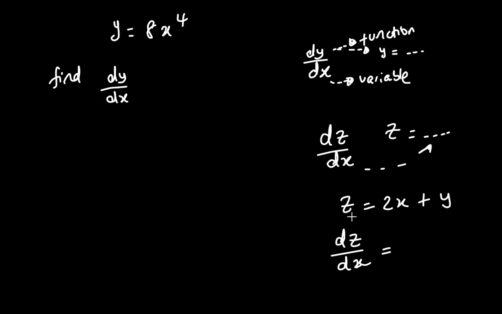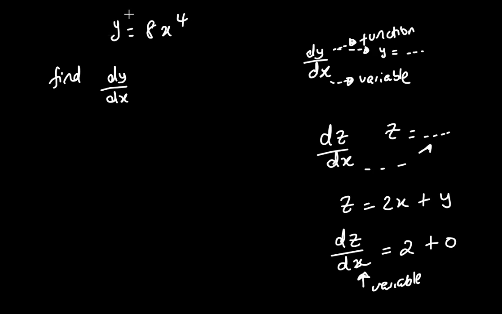So the derivative of this, the exponent is 1, so you just take the coefficient as the derivative. Then for this one, the derivative would be 0, because the variable we are respecting is x. Once we see another variable, it's taken as a constant, and the derivative of a constant is 0. I hope that makes sense.